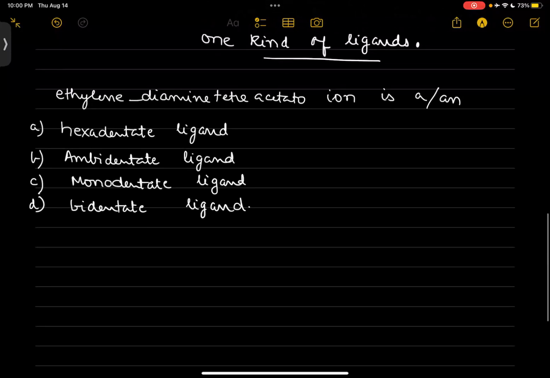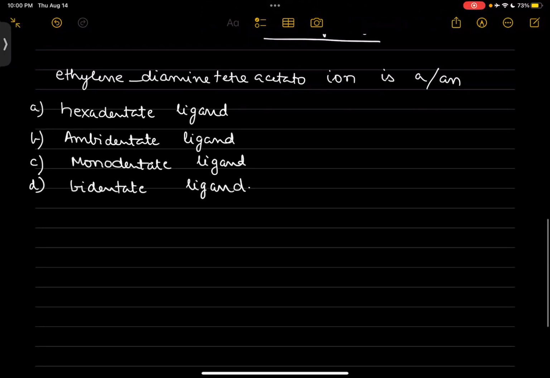So this question is very, very simple. Got it? So what should be the answer?